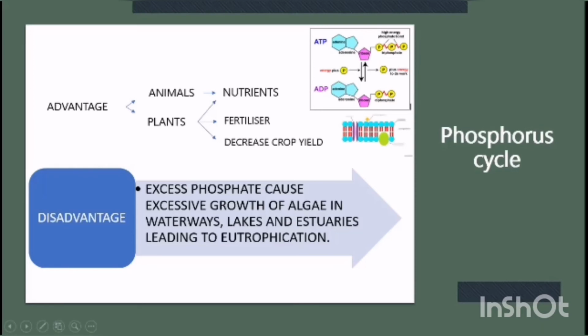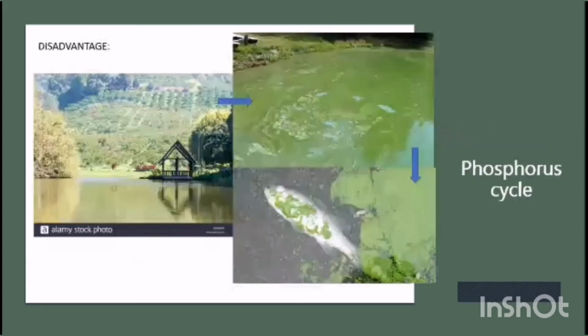So for the disadvantages, when a field is over-fertilized, phosphate not utilized by plants can be lost from the soil through leaching and water runoff when it rains. I'll show you a picture.